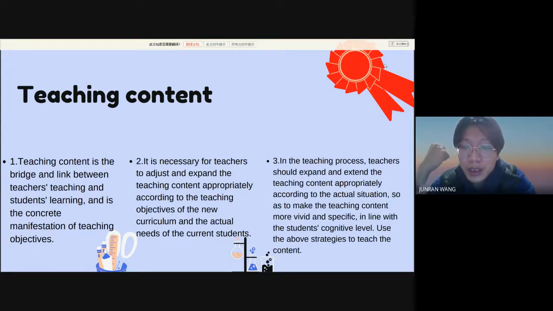Third, in the teaching process, teachers should expand and extend the teaching content appropriately according to the actual situation, so as to make the teaching content more vivid and specific, in line with the students' cognitive level. Use the above strategies to teach the content.